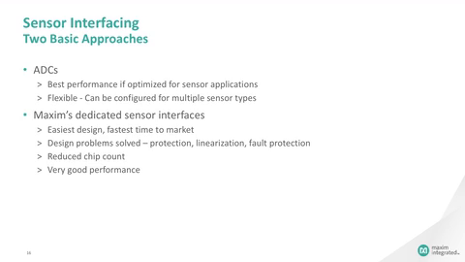You can design the circuit from scratch using a discrete ADC as the heart of the measurement system. This has tended to be the industry standard approach. Using an ADC which is optimized for sensor applications can result in very good performance. This method can also be very flexible since it is possible to have a single device that can be configured for a variety of RTDs and a variety of thermocouples.